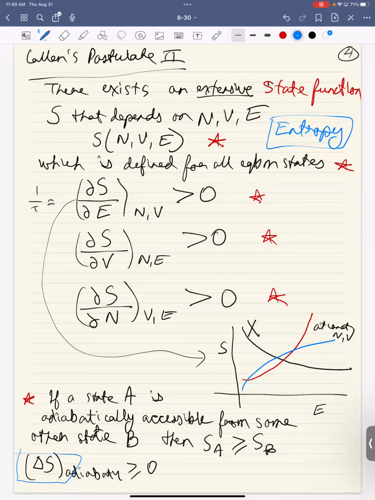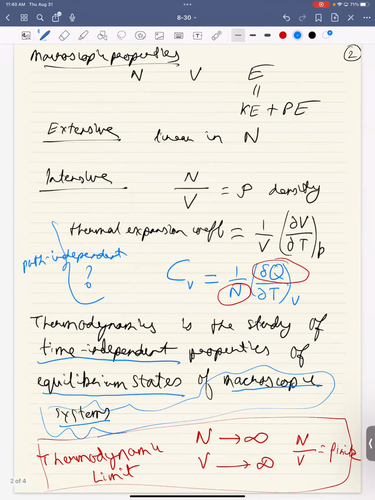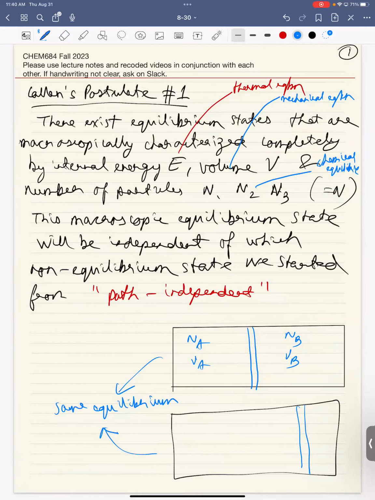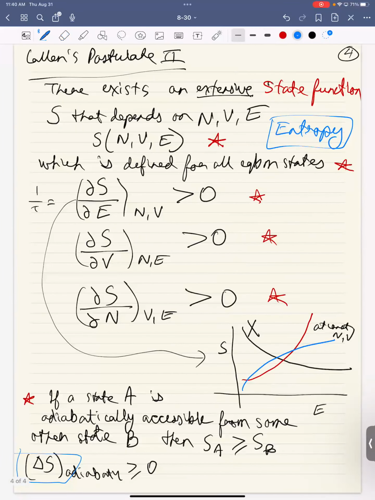So what have I done so far? I have told you there exist equilibrium states that can be characterized fully by NVE. That was the first postulate. And the second postulate, that for such equilibrium states, there exists an extensive state function, which depends on NVE, because that's all you need to characterize them, right?